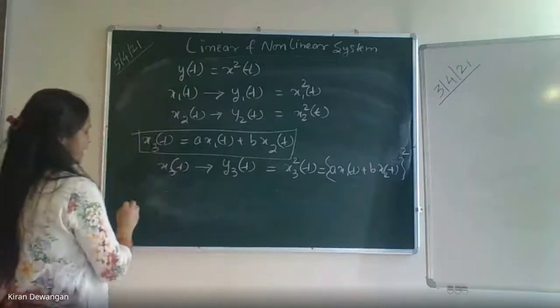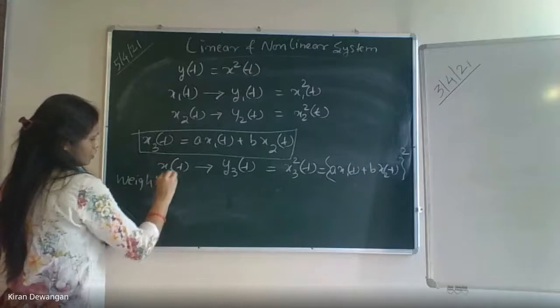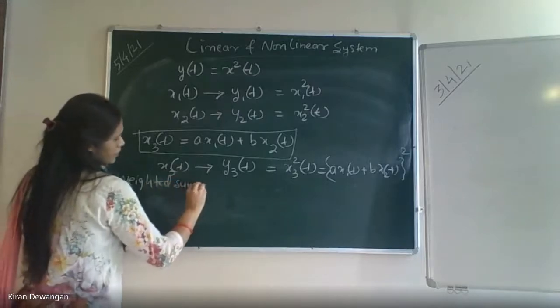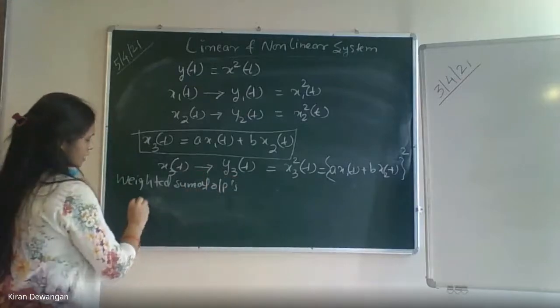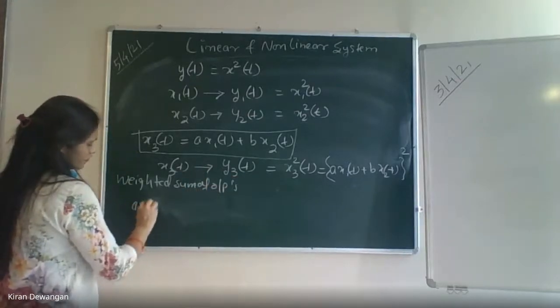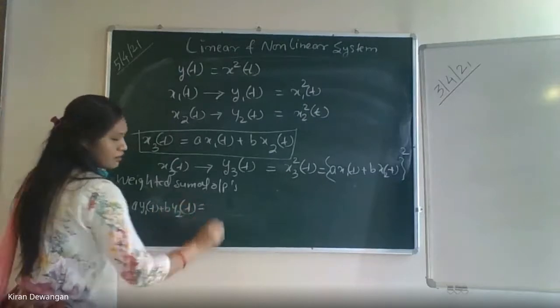Now if I take the weighted sum of outputs, in that case this becomes a y1t plus b y2t.